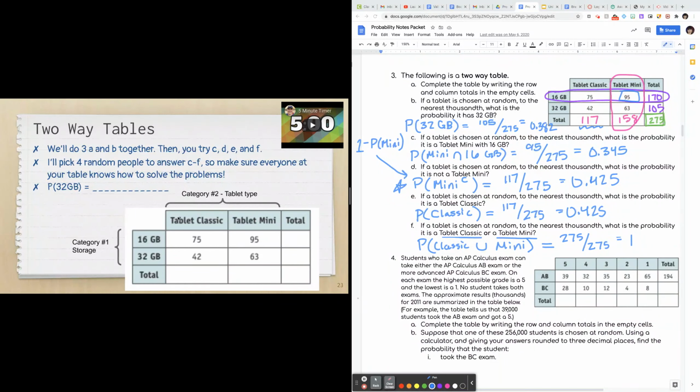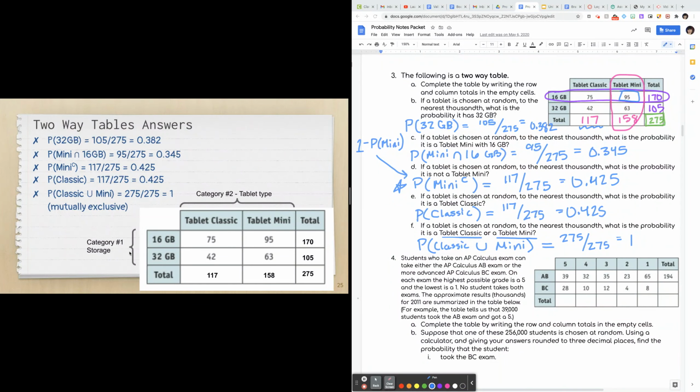All right, so you can kind of see the answers there. Those two events right there, and we're going to talk about this in more detail in another video, classic and mini, are called mutually exclusive, right? We have this very fancy term for it that just means that those two categories never overlap, that they don't have any intersection.